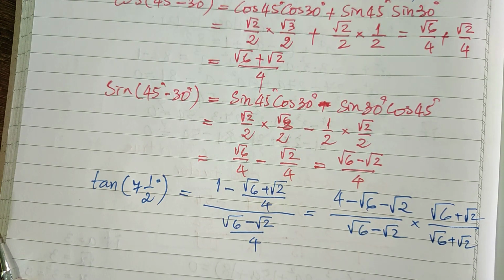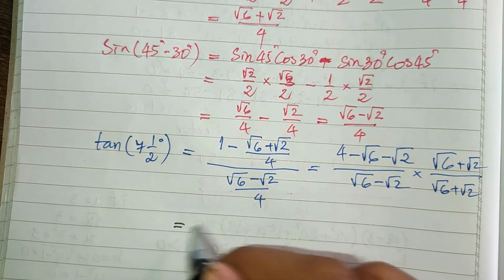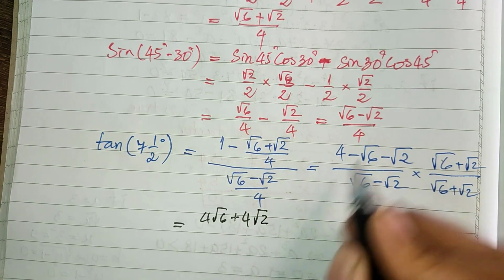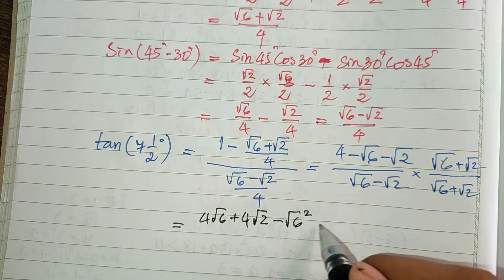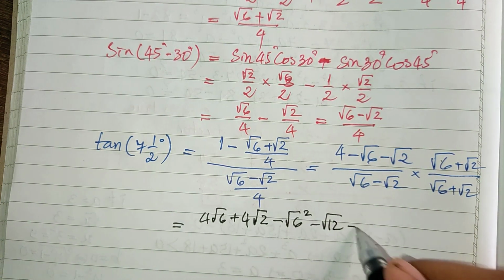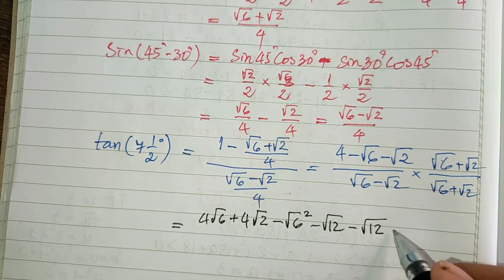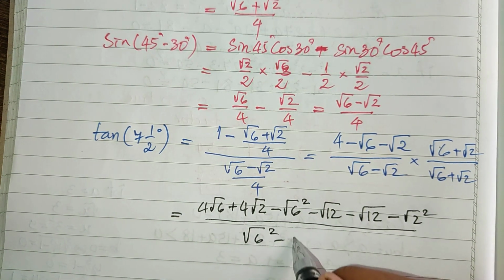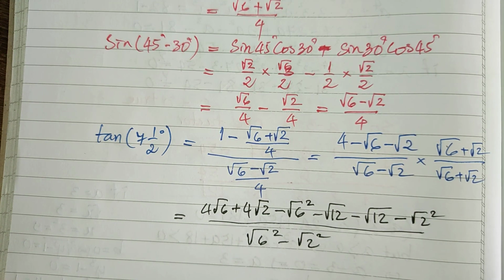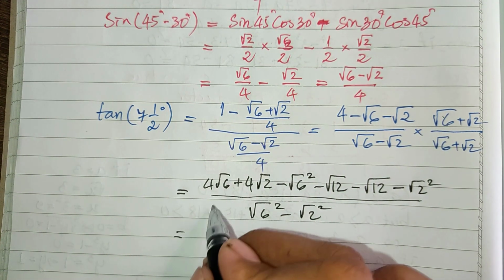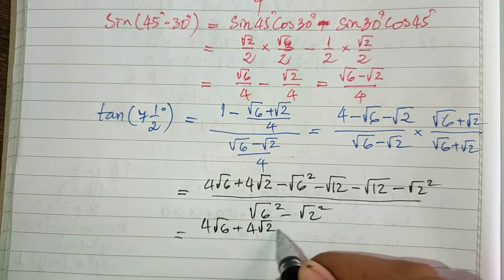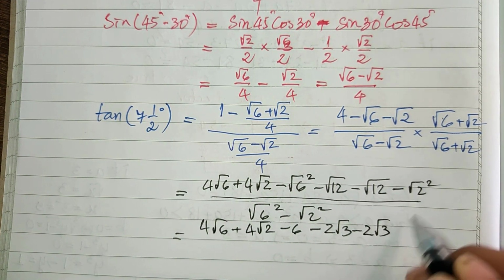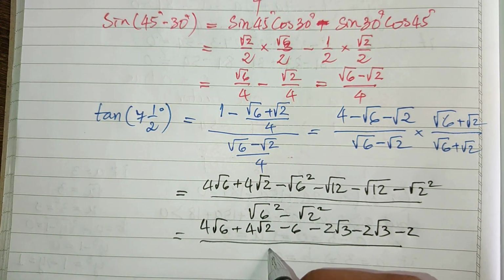So now we get our equation. This is equal to 4 square root 6 plus 4 square root 2 minus square root 6 squared, minus square root 12, minus square root 12, minus square root 2 squared, divided by square root 6 squared minus square root 2 squared. So we get 4 square root 6 plus 4 square root 2 minus 6, minus 2 square root 3, minus 2 square root 3, minus 2, divided by 6 minus 2.